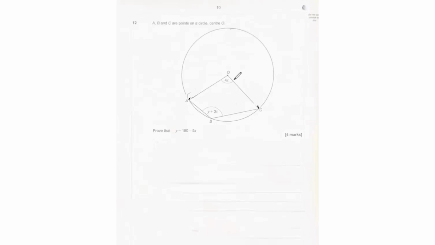Next, what we can do is find this angle. This angle is going to be 360 minus 4x. Now, based on one of our circle theorems, angle at the center is twice the angle at the circumference. This is the angle at the center, and this is the corresponding angle at the circumference, which means 360 minus 4x is twice the angle of y plus 3x.